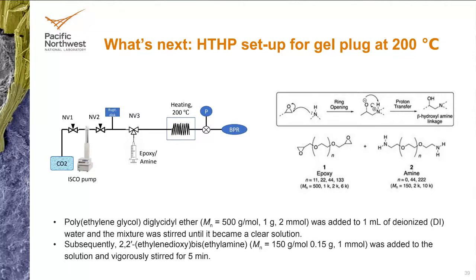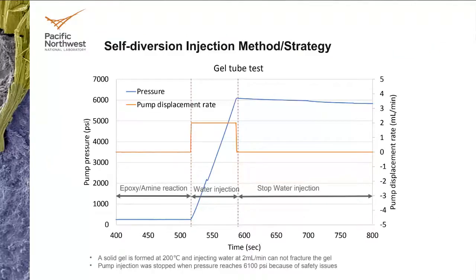And indeed, once it reacted at 200 Celsius, we increased the pressure with CO2 after reaction up to 6,000 psi. We stopped there, and there was no change. There was no movement of that plug from the coil.